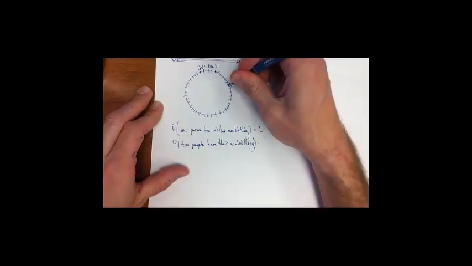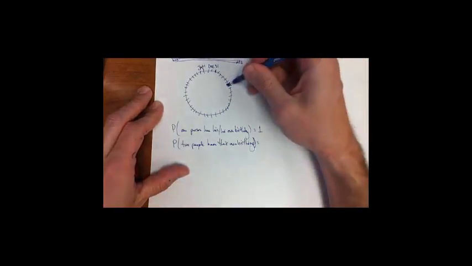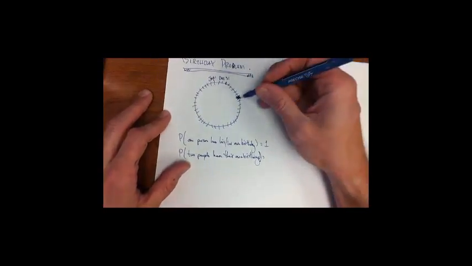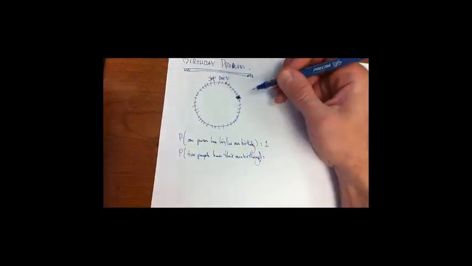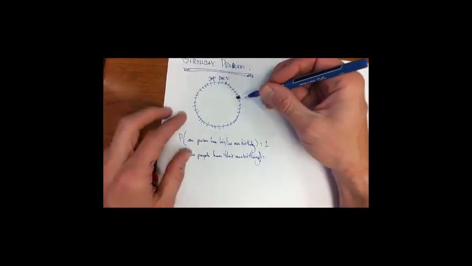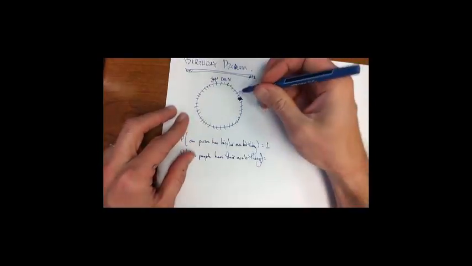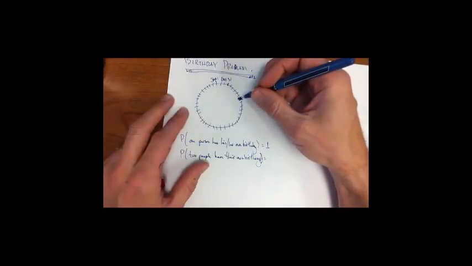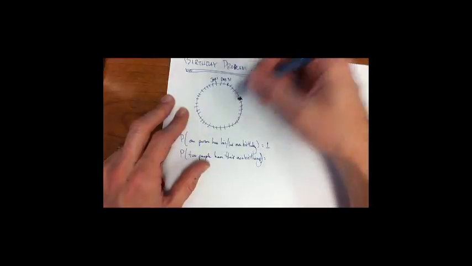Okay, maybe that's his birthday, November 11th. Once I've assigned that birthday to that individual, the second person has how many different ways to have their birthday that are different? The number of all the other days.